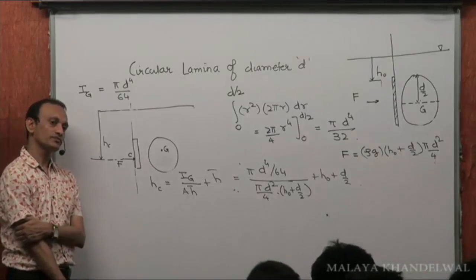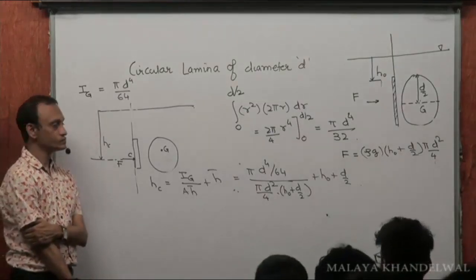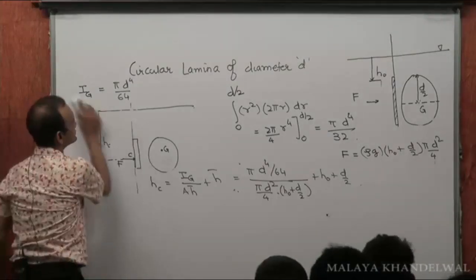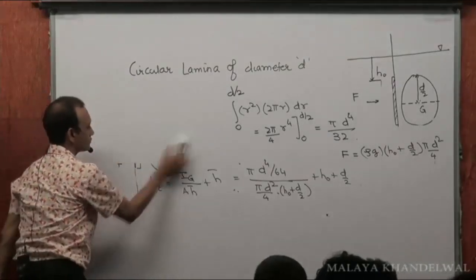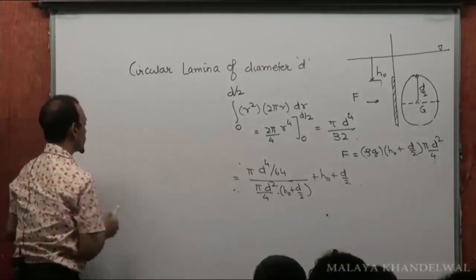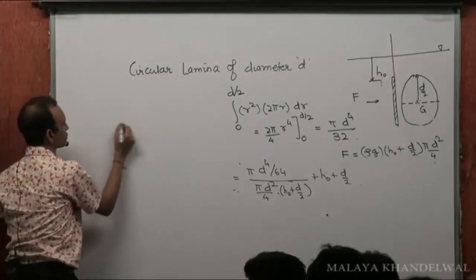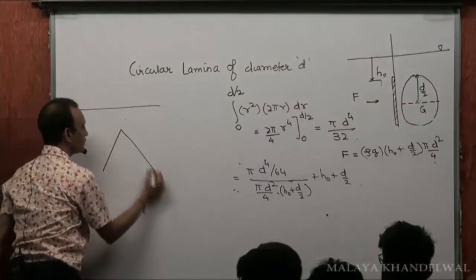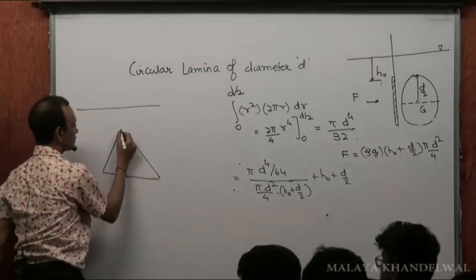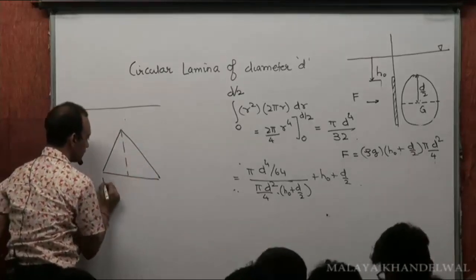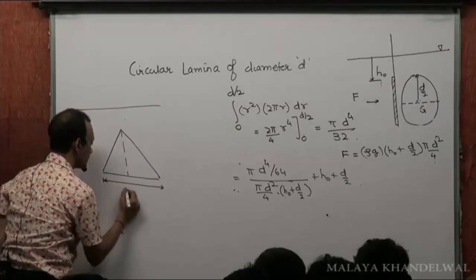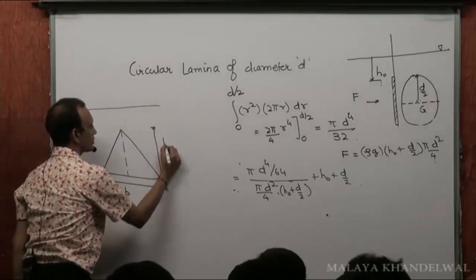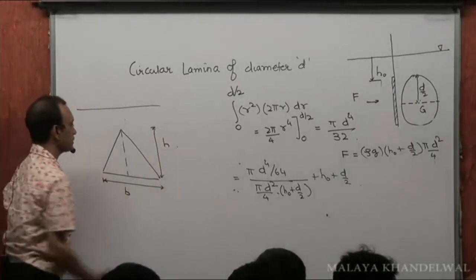Can I wipe this off? Another result which I am not going to establish: say there was a triangular lamina, triangle base B and height h, right?